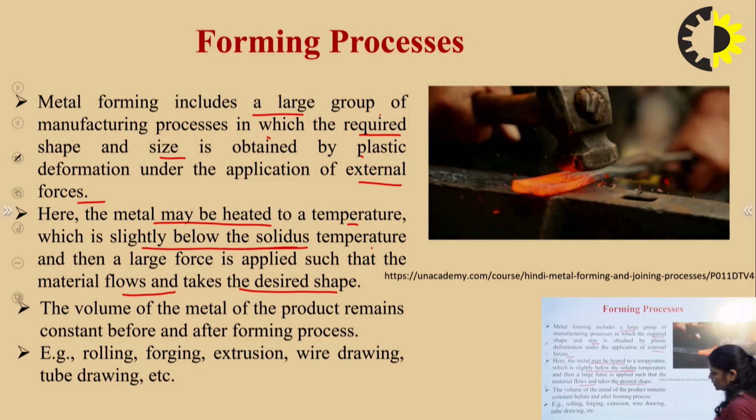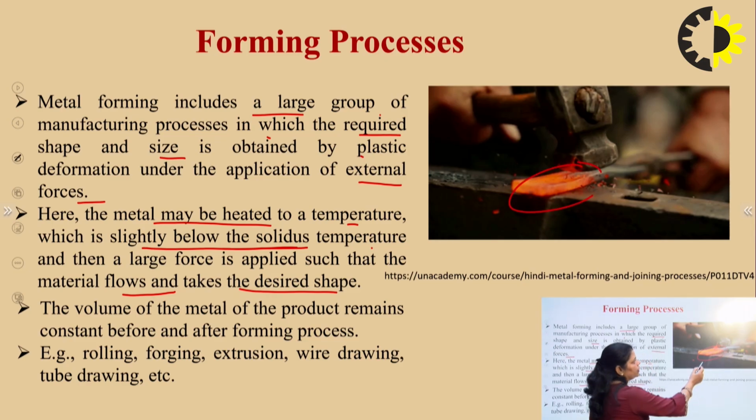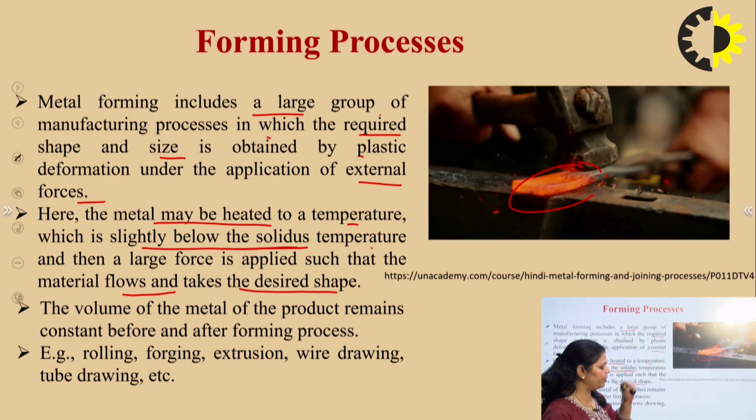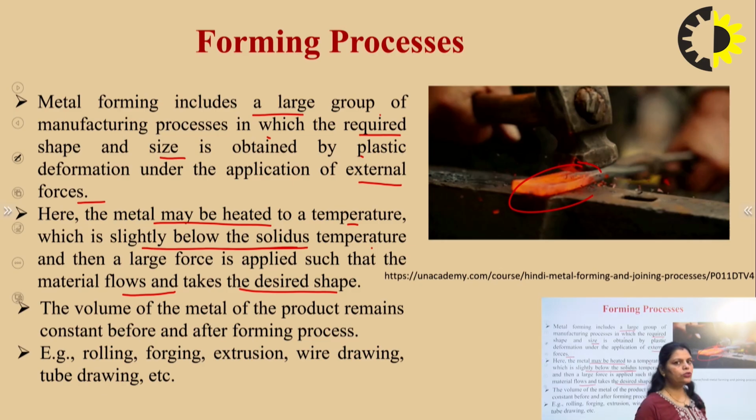Here you can see that the material is heated below the solidus temperature, and after that we are applying the external force with the help of a hammer. Here we are providing it the desired shape. The volume of the metal of the product remains constant before and after the forming process. So, here no wastage will be done.